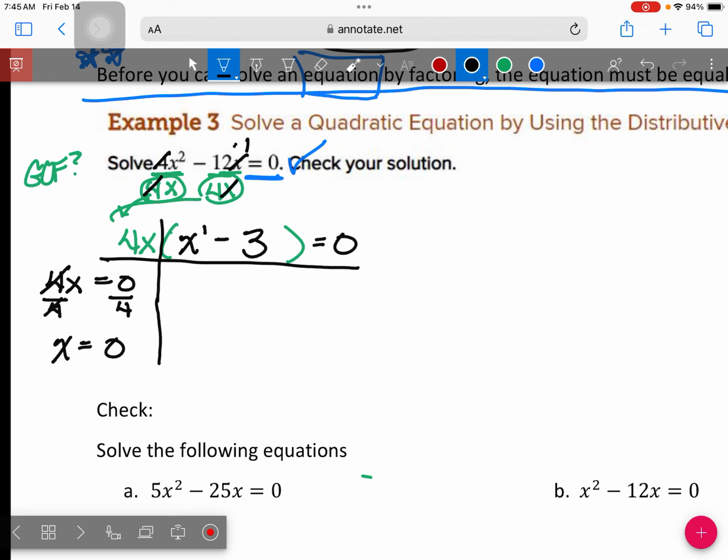So when x is equal to 0 for this first term, that's going to make that equation true. Let's see what we do for the second factor. X minus 3 is equal to 0. So add 3, add 3. 3's cancel out. X is equal to 3.